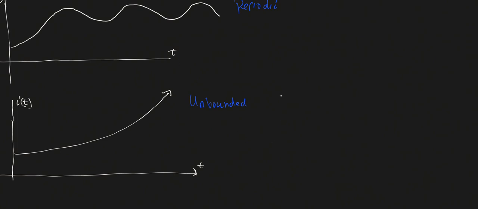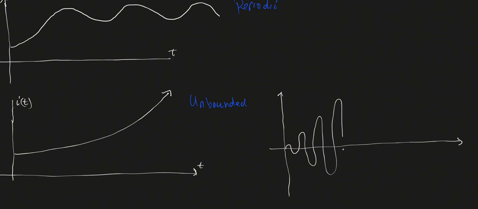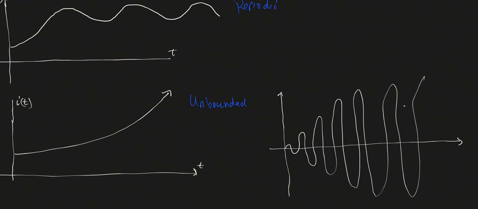And I think I'll draw one more thing just to illustrate this. What I'm about to draw leads to another concept which we don't go deeper into in this course, where you might have your response look like this. So it oscillates, but if you notice, the period just keeps getting bigger and bigger, right?